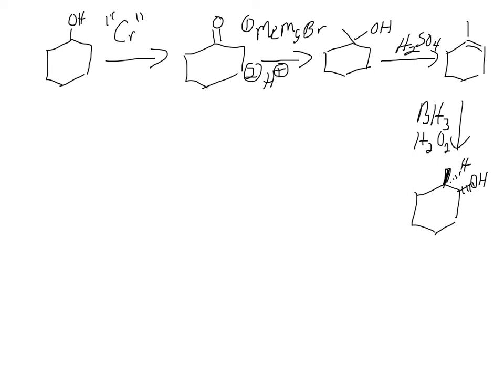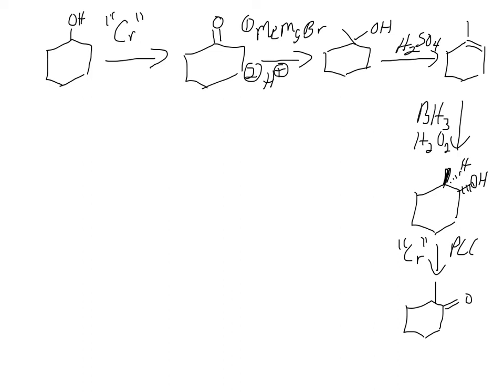And then they're saying, okay, now that you have this, how would you turn that into this ketone again? What would we need to use to turn it into a ketone? We could say PCC, chromium, any of those things, right? All those are possible agents. I think they're using just chromium.